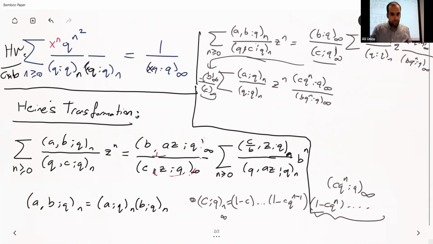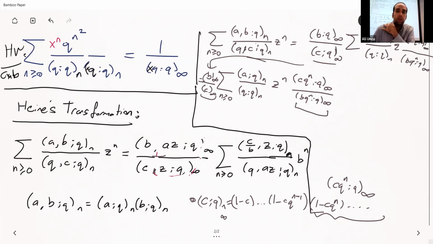Cool. Now, there's an infinite product inside my summation. And this infinite product looks like it is one q-Pochhammer divided by another q-Pochhammer. Can I expand it using the q-binomial theorem? Would it be possible? So can I open it up as a sum using the q-binomial theorem?